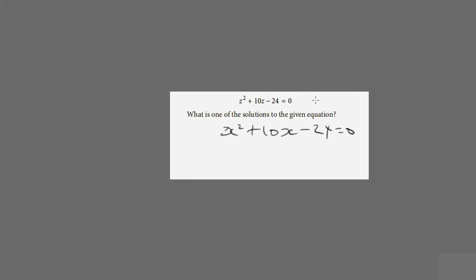So the two numbers will be minus 2 and 12. Minus 2 times 12 will give you minus 24, then minus 2 plus 12 will give you 10. Alright, so the equation will not change. We have x square minus 2x plus 12x minus 24 equals 0.